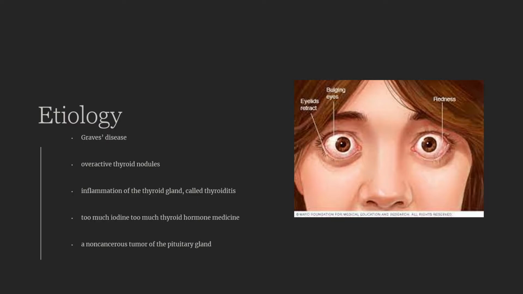The types of thyroiditis that can cause hyperthyroidism are subacute thyroiditis, which is an inflamed and enlarged thyroid; postpartum thyroiditis, which can develop after a woman gives birth; and painless thyroiditis, which is similar to the postpartum one, but it's when people don't go through pregnancy first.